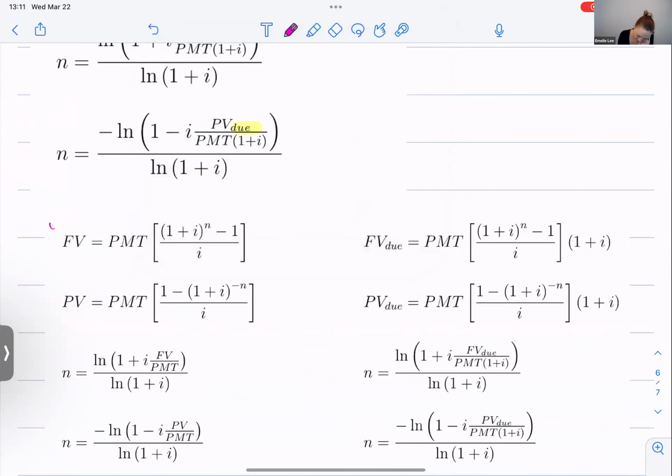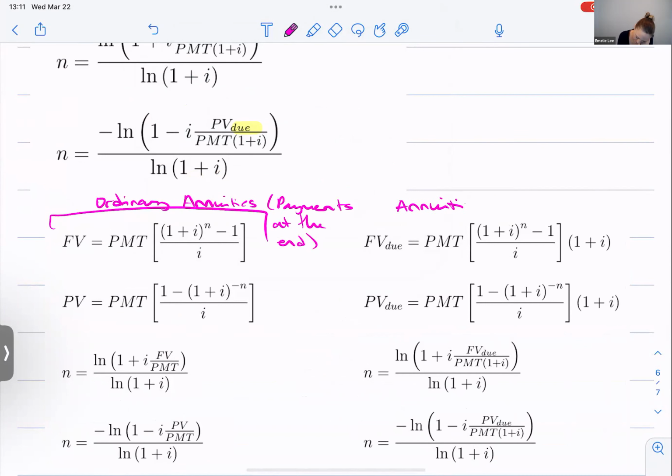So here we have ordinary annuities, payments at the end. And here we have annuities due, at the beginning.